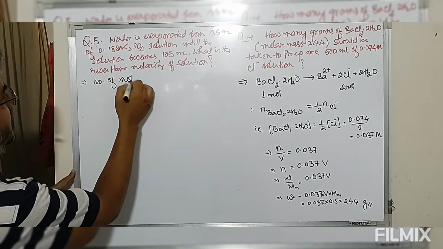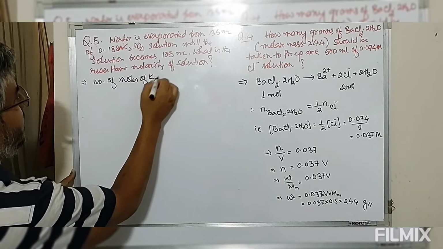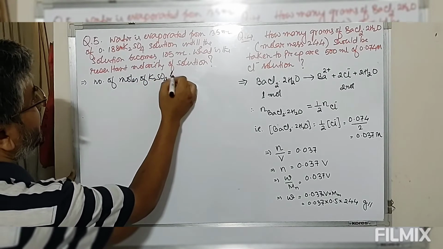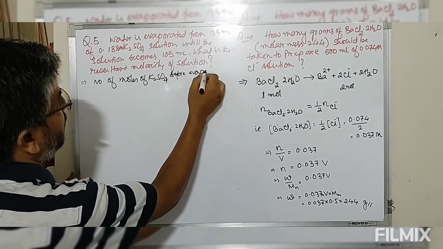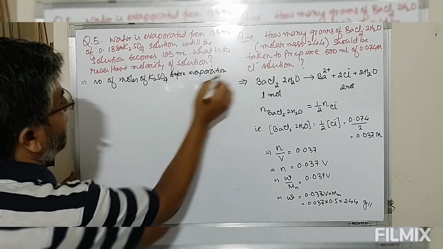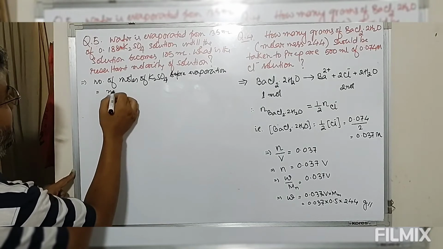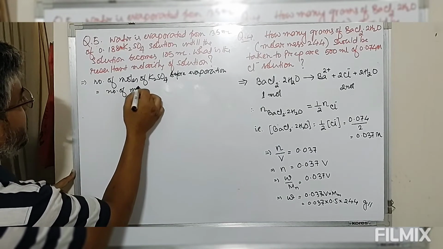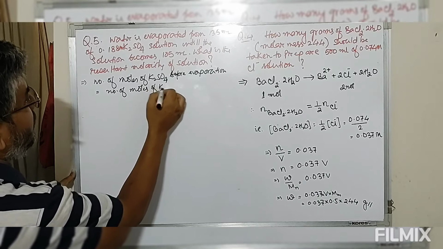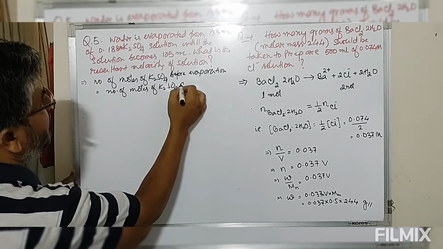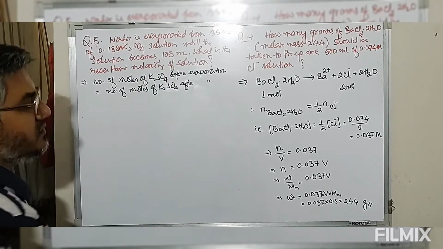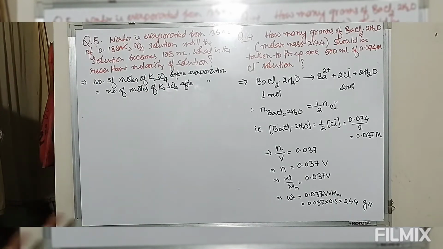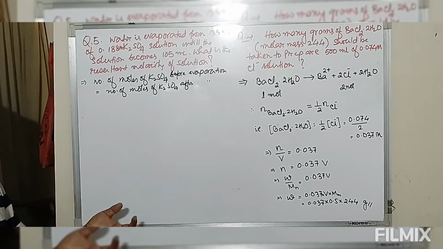Number of moles of K2SO4 before evaporation is equal to number of moles of K2SO4 after evaporation, because we are removing water, with no change in the quantity of potassium sulfate, only the water.